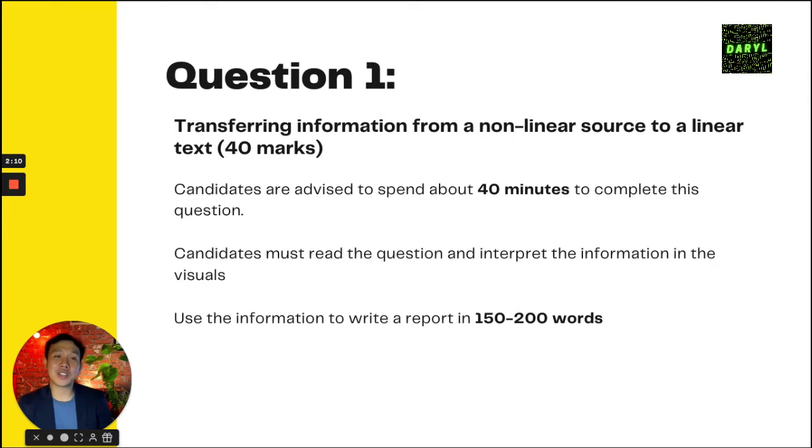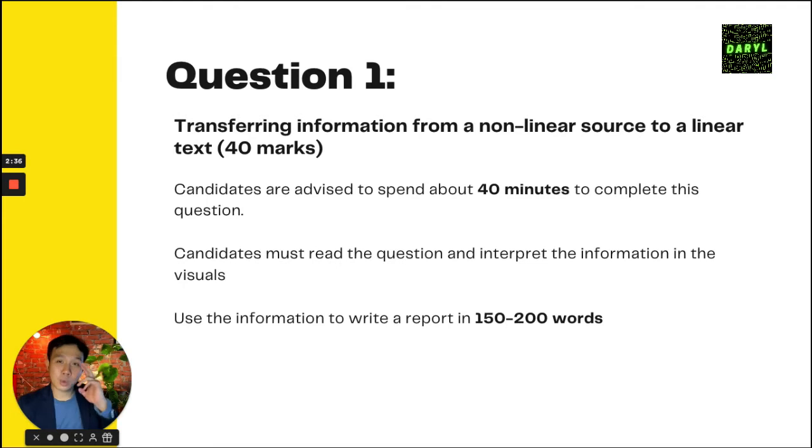Alright, as you can see here, these are the instructions for question 1 and the tips that I'm going to tell you. First, transferring information from a non-linear source to a linear text. This question 1 gives you around 40 marks, so it's a huge mark. Candidates are advised to spend around 40 minutes to complete this question.